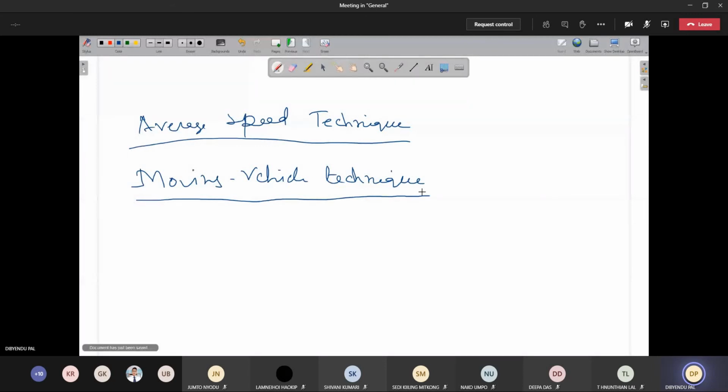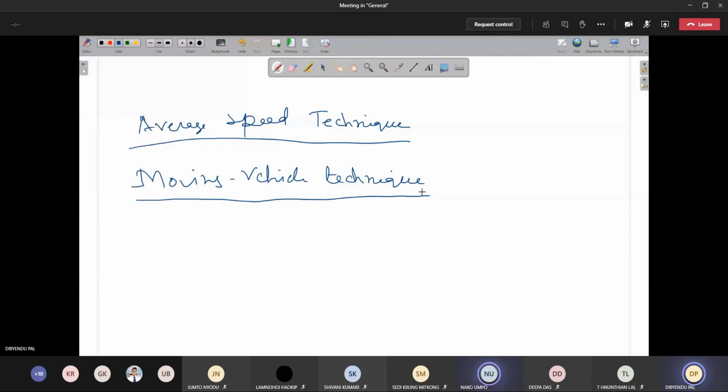In your previous course, Transportation 2, have you done the moving observer method? Have you heard of the moving observer method in Transportation 2? Sir, yeah. What is that moving observer method?